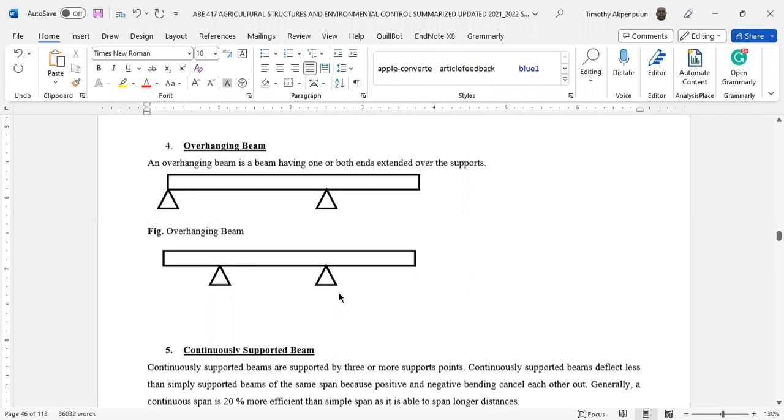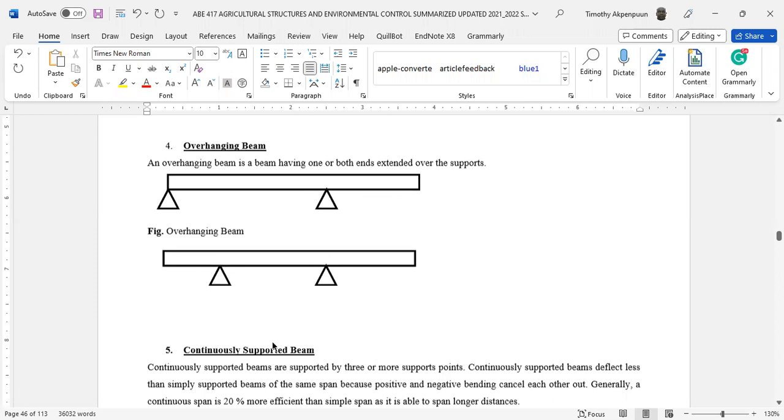Okay, no answer, no problem. Exam will come. This is it now. Figure 5, this one here, with two supports at the middle and overhanging at both ends.